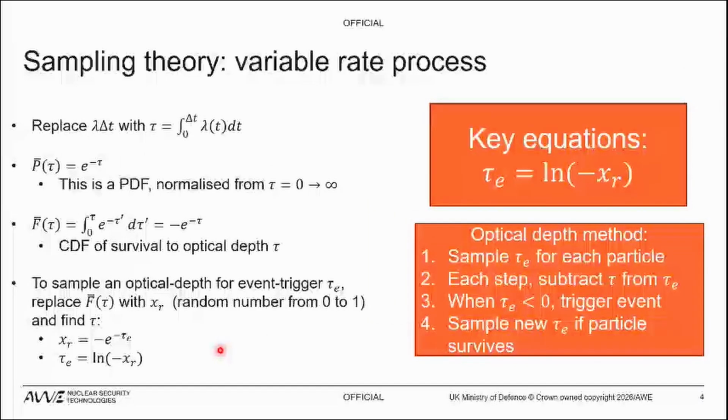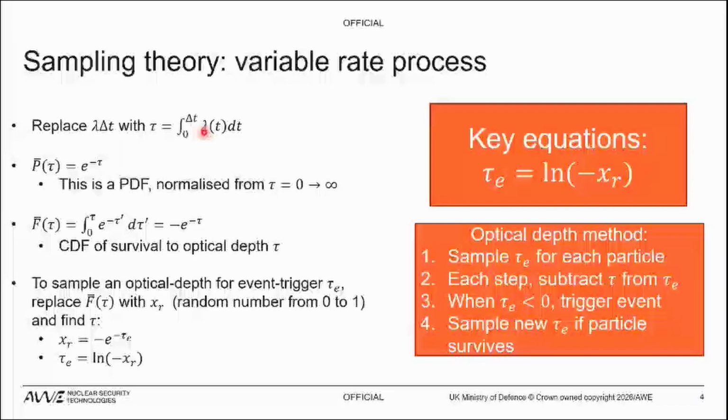So let's consider what we call the optical depth of emission method. We will replace this lambda delta t term with this property we'll call tau. That's the optical depth, and that is the time integral from 0 to delta t of the process rate lambda, because the rate can change as the particle moves along. Let's say you're doing Bremsstrahlung and you need to be colliding with background particles.